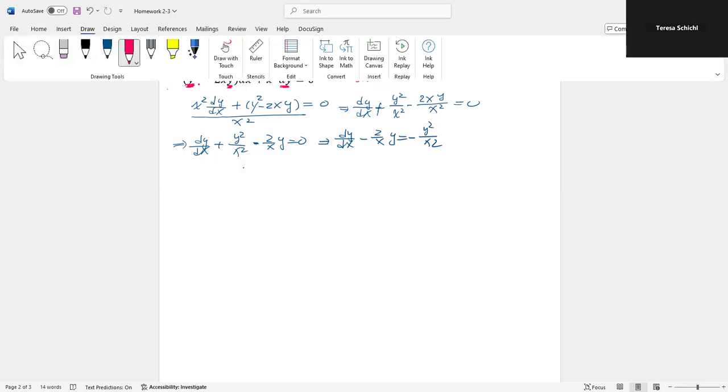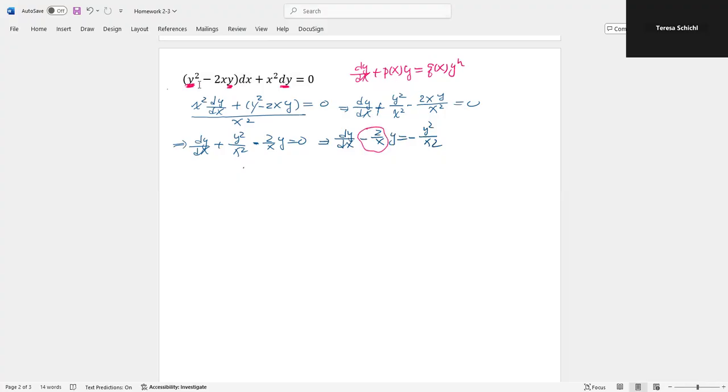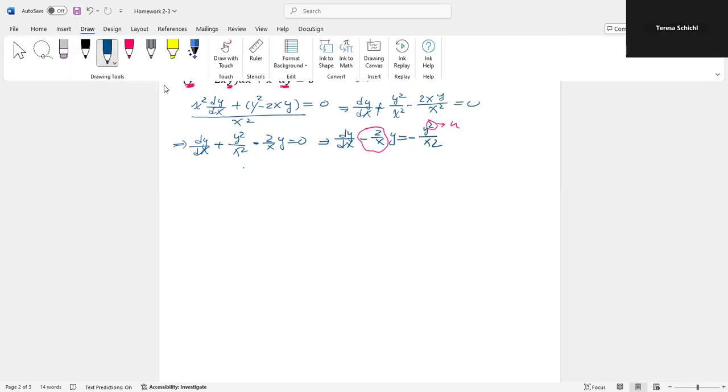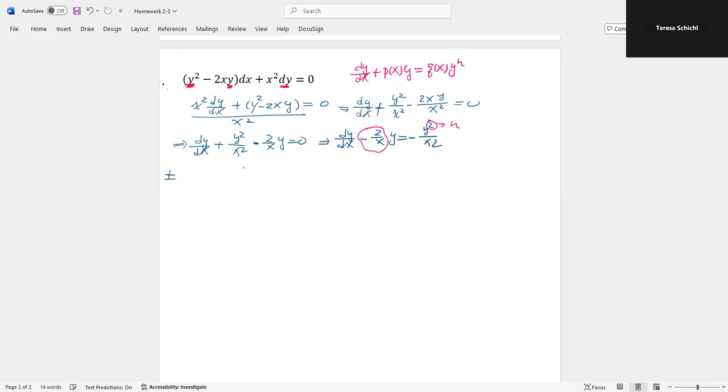So negative 2x is my p(x) here, right? And this is y squared, so this is my n. After this, we can start the methodology we use for the Bernoulli equation.